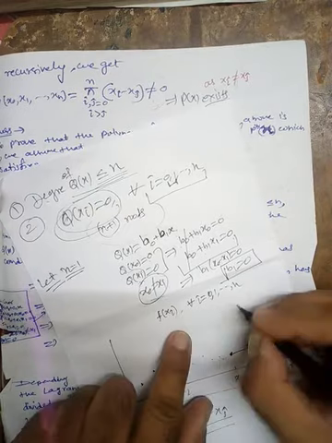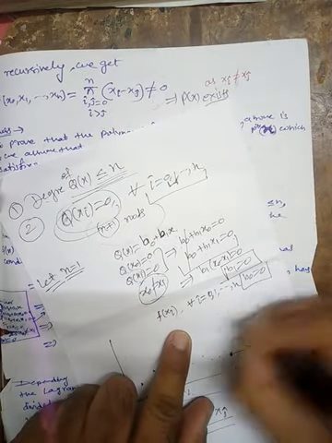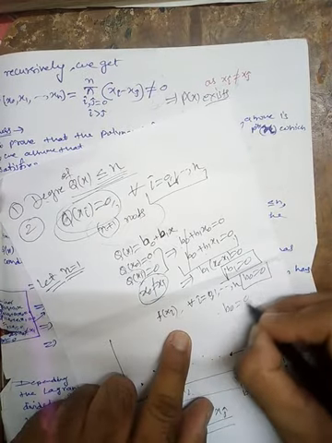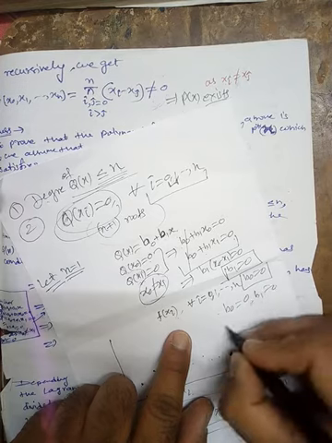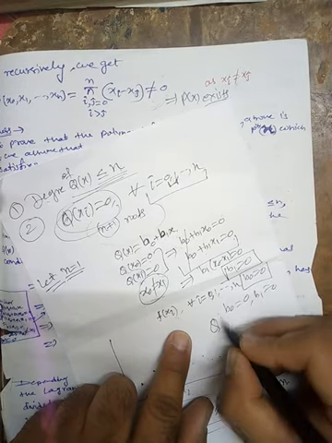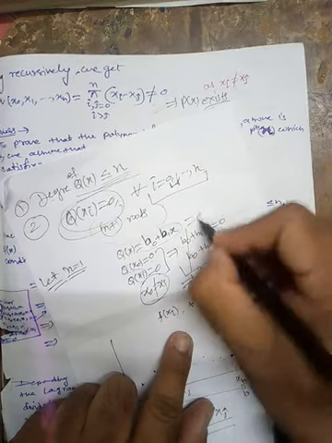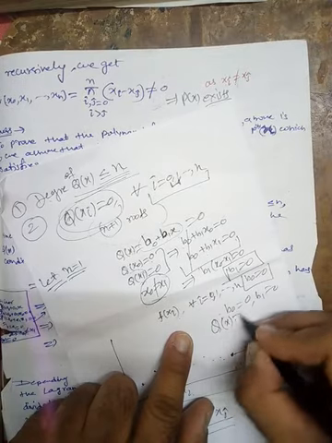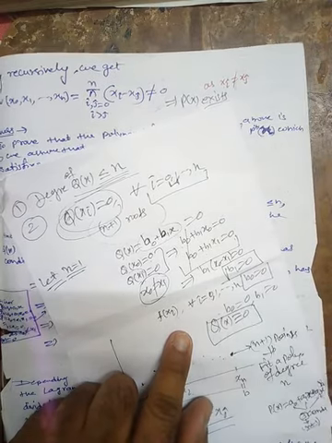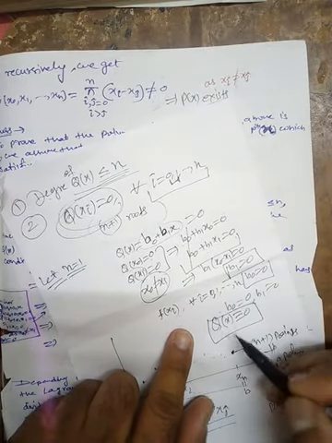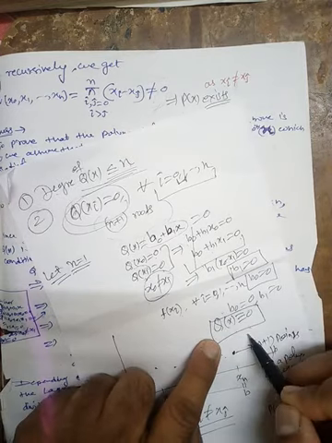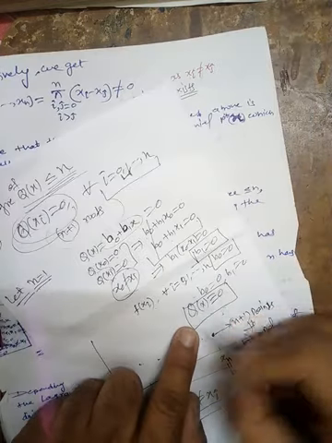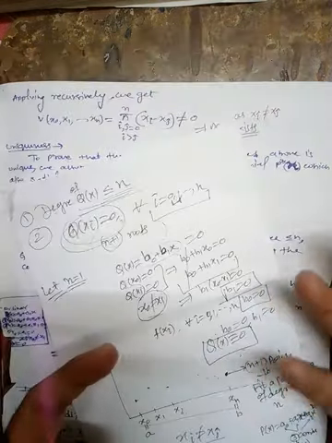So b0 is 0, b1 is 0, and hence Q will be 0. So basically we have a zero polynomial, which is meaningless.